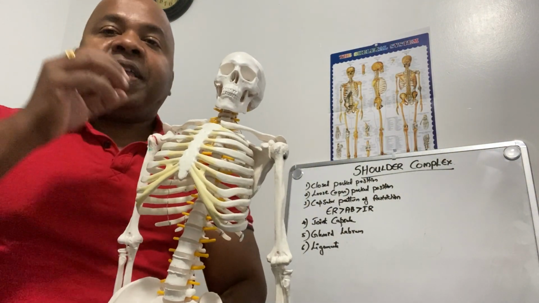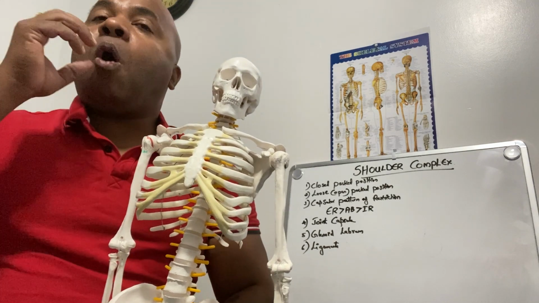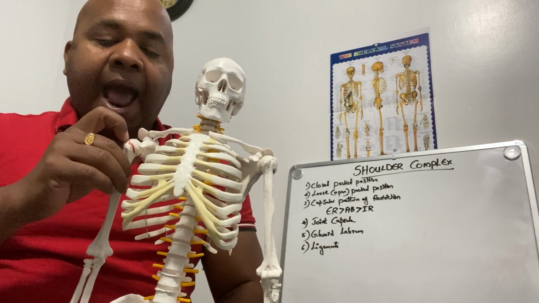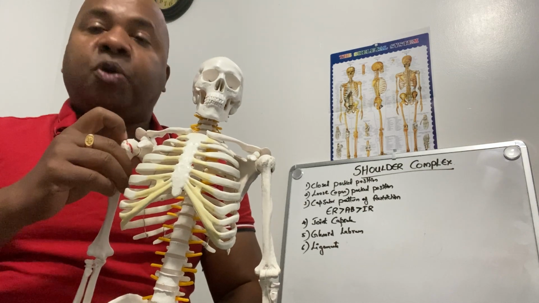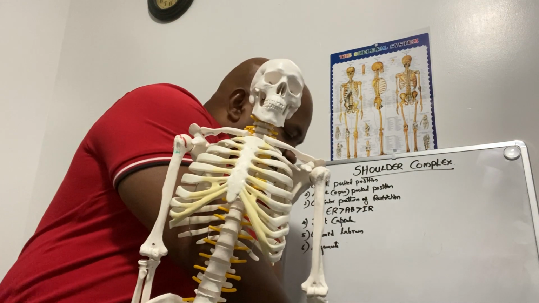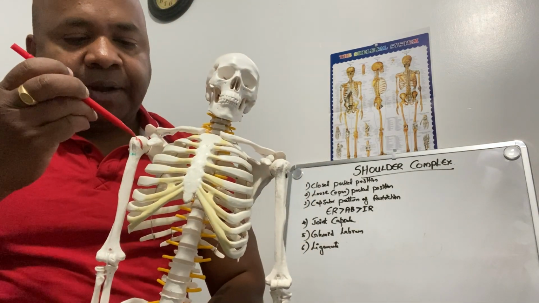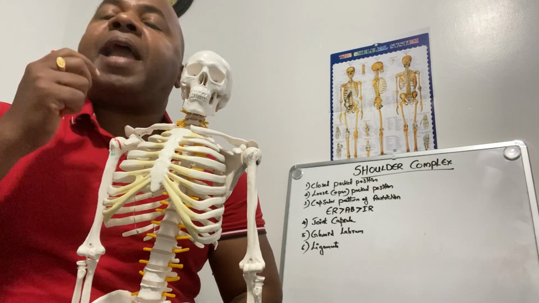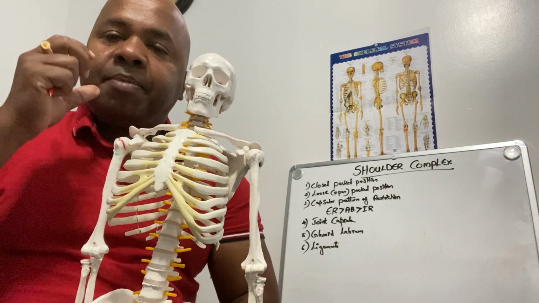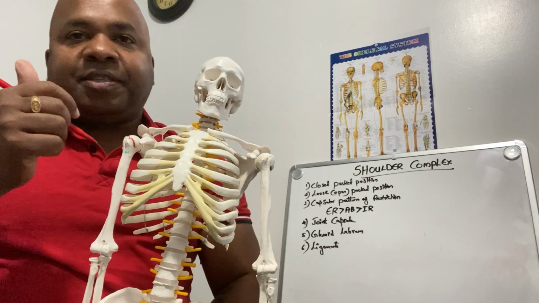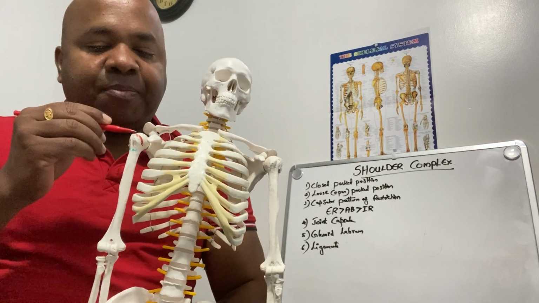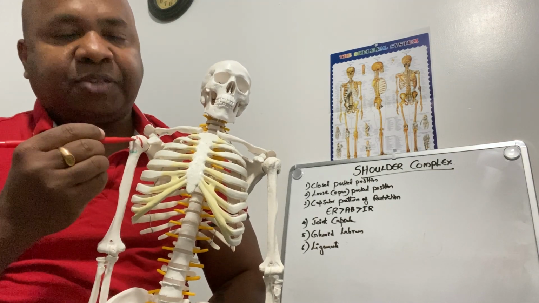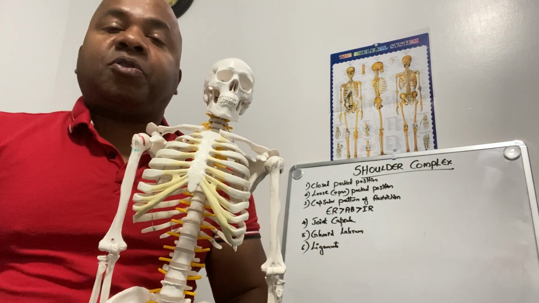The joint capsule of the shoulder joint arises from the anatomical neck of the humerus. Here you can see this red marking is the anatomical neck. The anatomical neck is the area between the head of the humerus and the lesser and greater tuberosities.